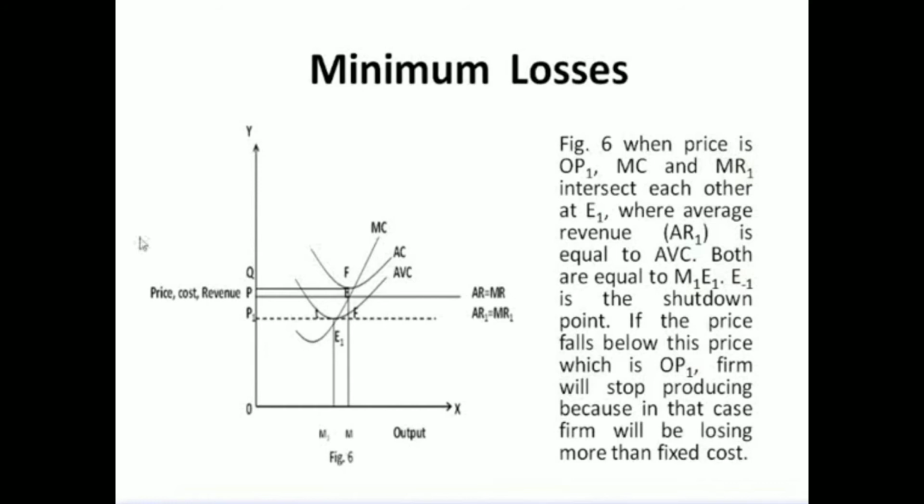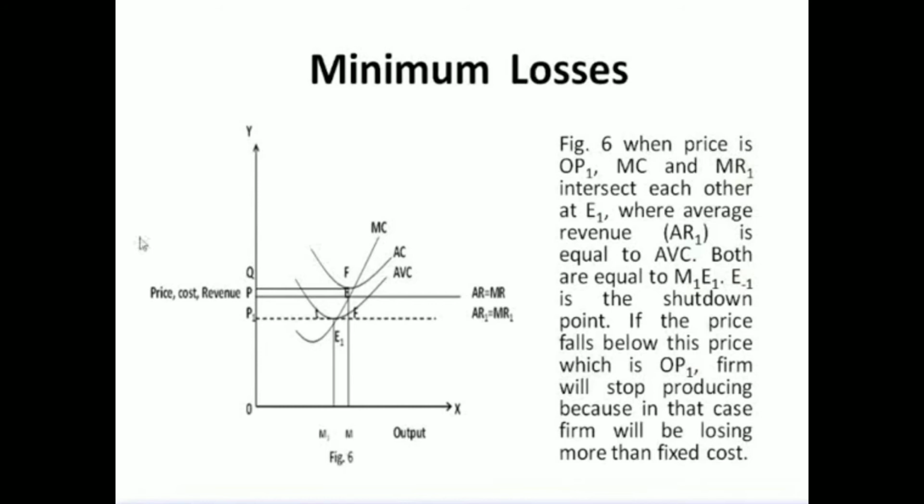Suppose the price level is equal to OP. We can see that average cost is greater than the price or AR when the price level is OP. But average variable cost is below the AR/MR curve. So average cost is greater than the price, but average variable cost is lesser than the price or the AR/MR curve.